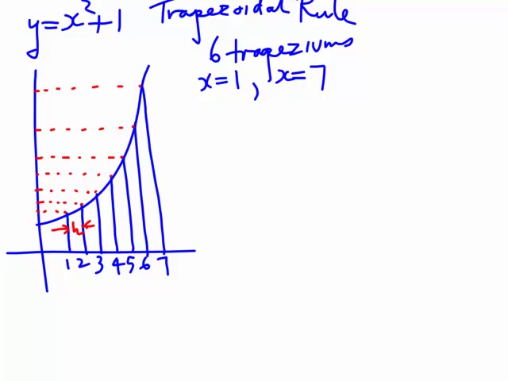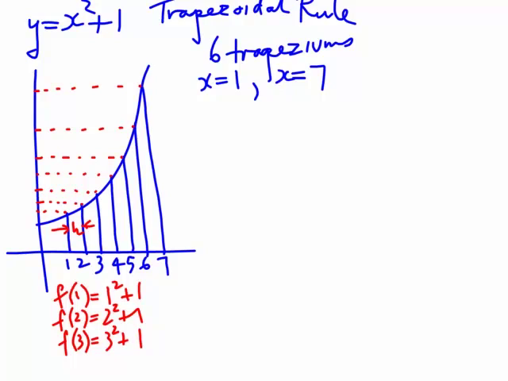So f of 1 is 1 squared plus 1, f of 2 is 2 squared plus 1, and f of 3 is 3 squared plus 1, etc. So the heights are 2, 5, 10, 17, 26, 37 and 50.